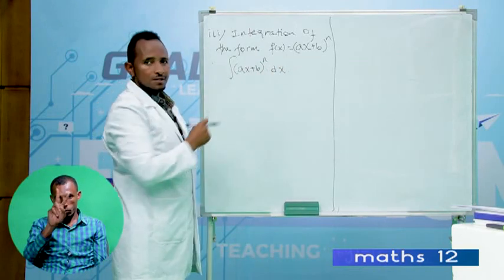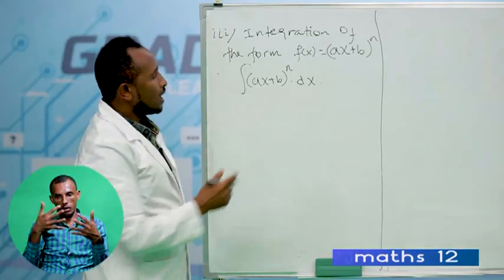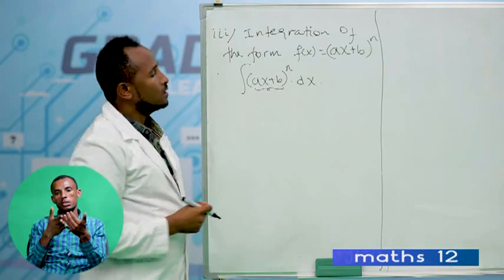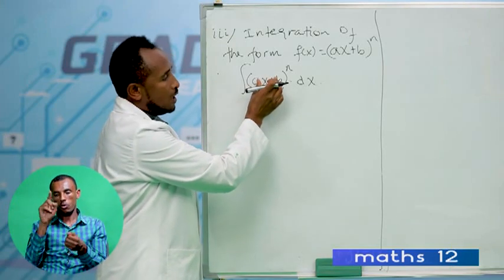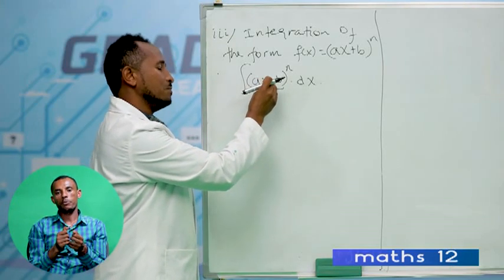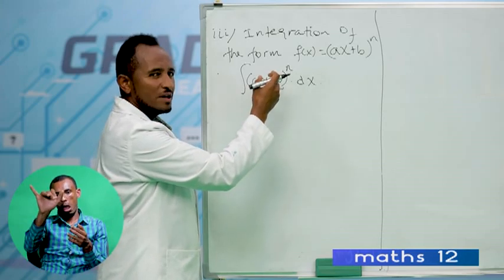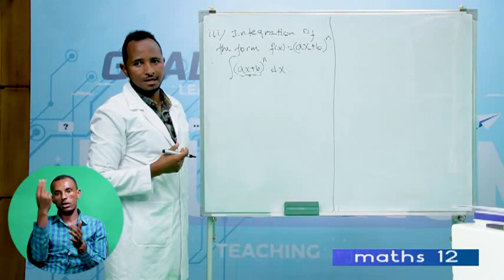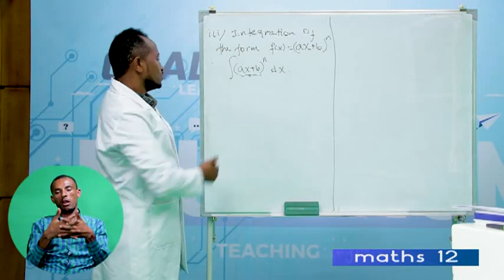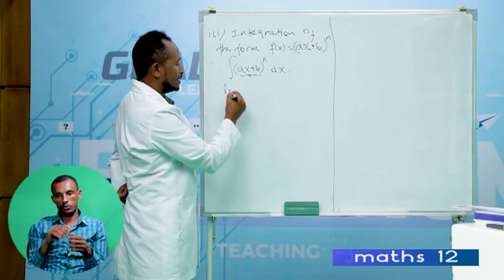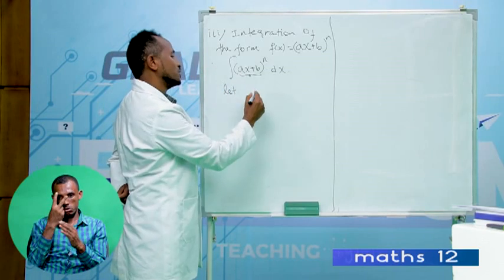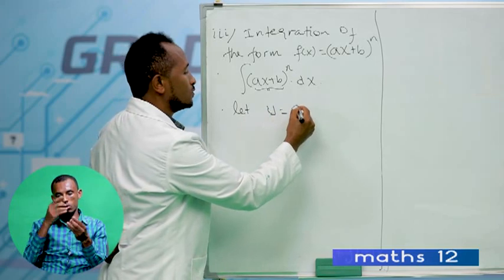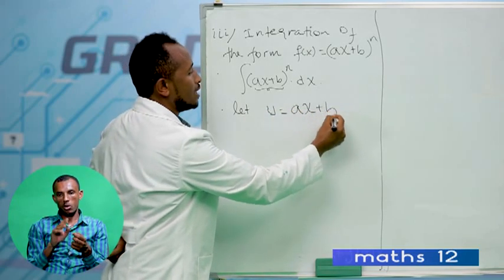To integrate this expression, I have to change this into a single variable. If you change this into a single variable, say y, it becomes y to the power of n, a power function, and it can be easily integrated. To do that, let us assume this expression ax plus b to be u, so u is equal to ax plus b.